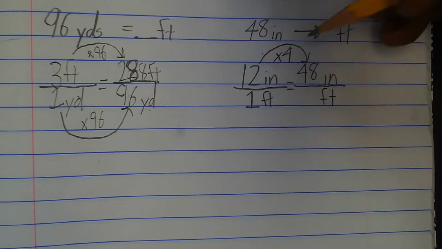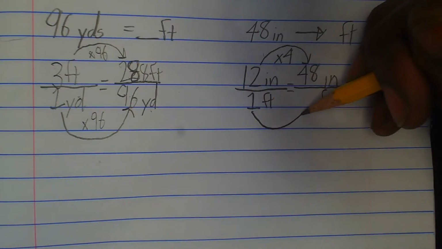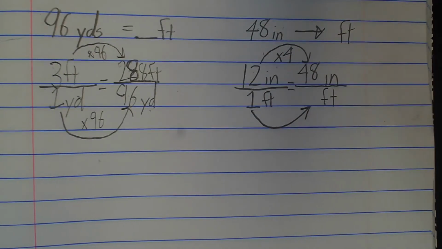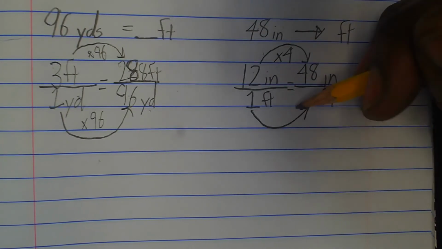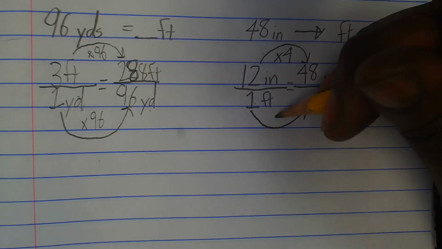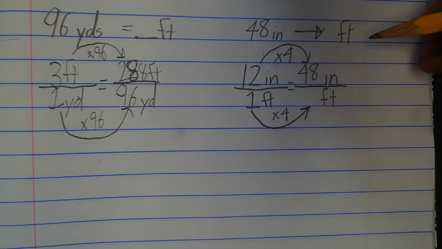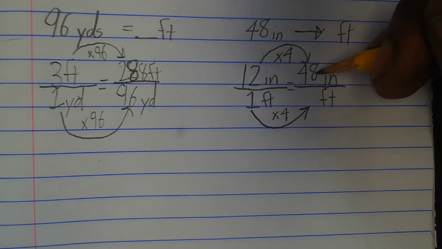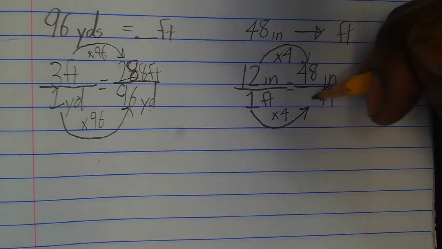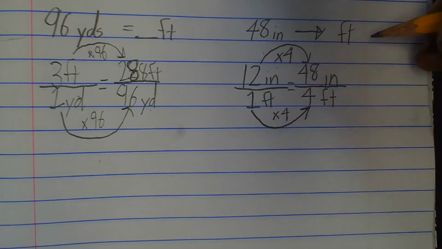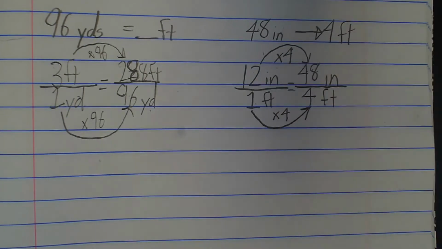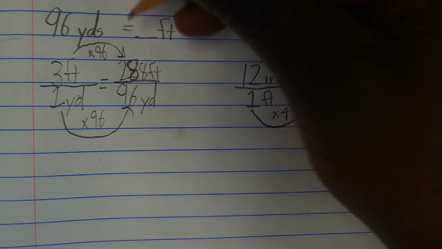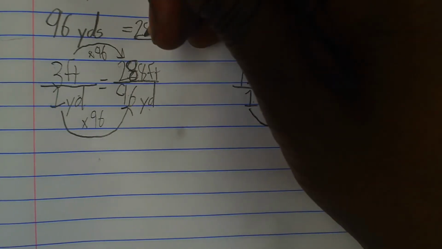So we use the same relationship with our denominators. Here we multiply times 4, and that means 48 inches is equivalent to 4 feet. And I should have written 288 earlier, so let's write 288.